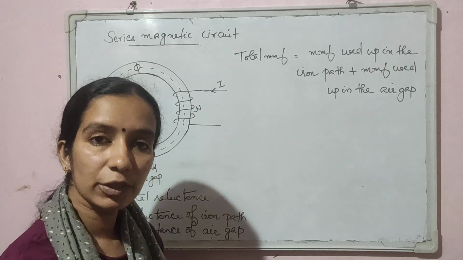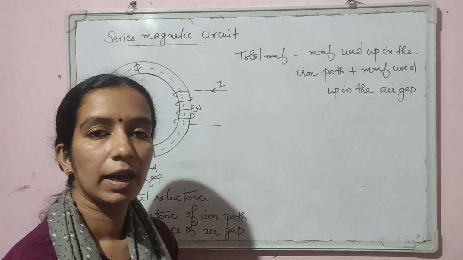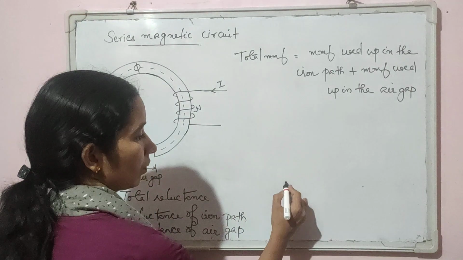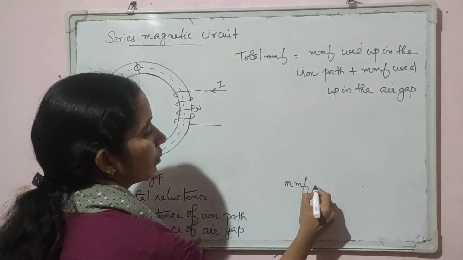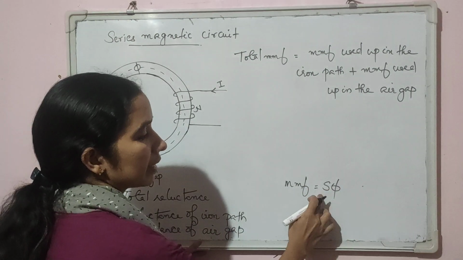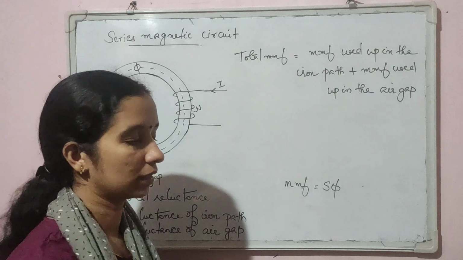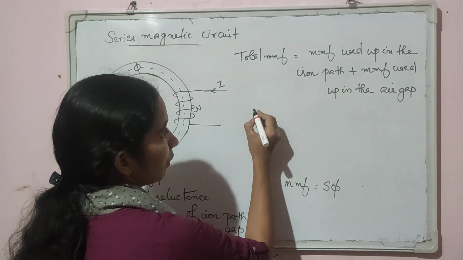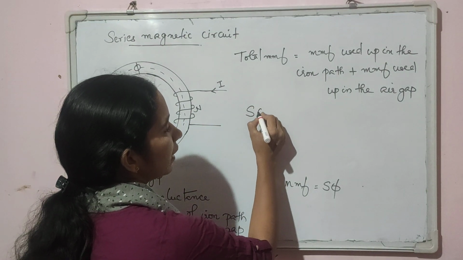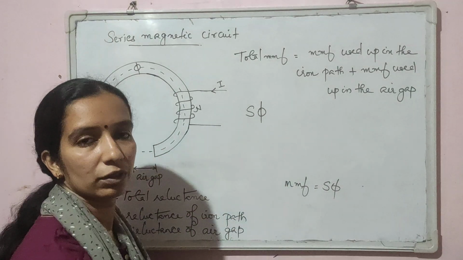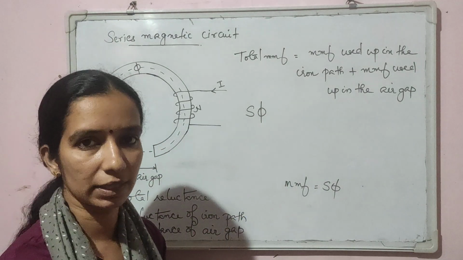And what is the equation for MMF? MMF is equal to S into phi, that is reluctance into flux. So total MMF is total reluctance into flux. Flux is constant everywhere in the circuit.